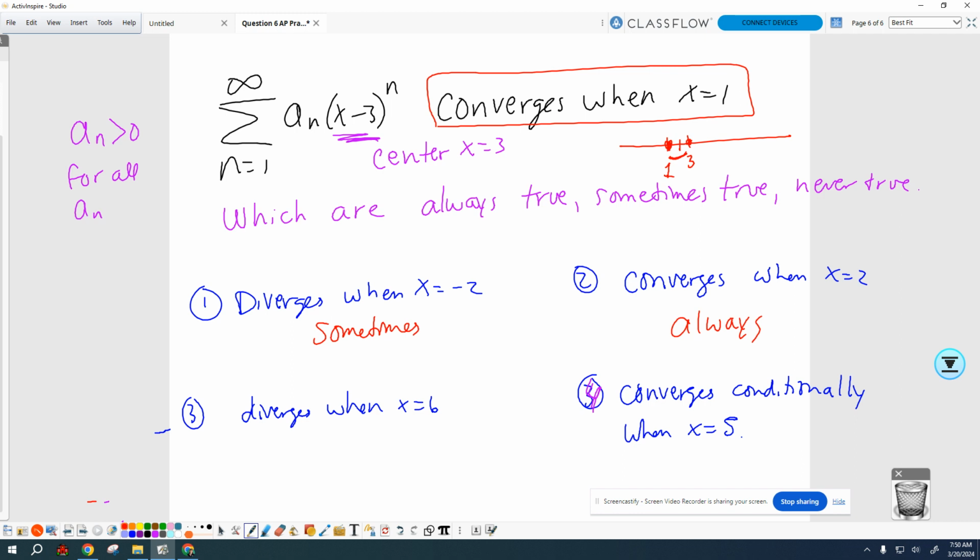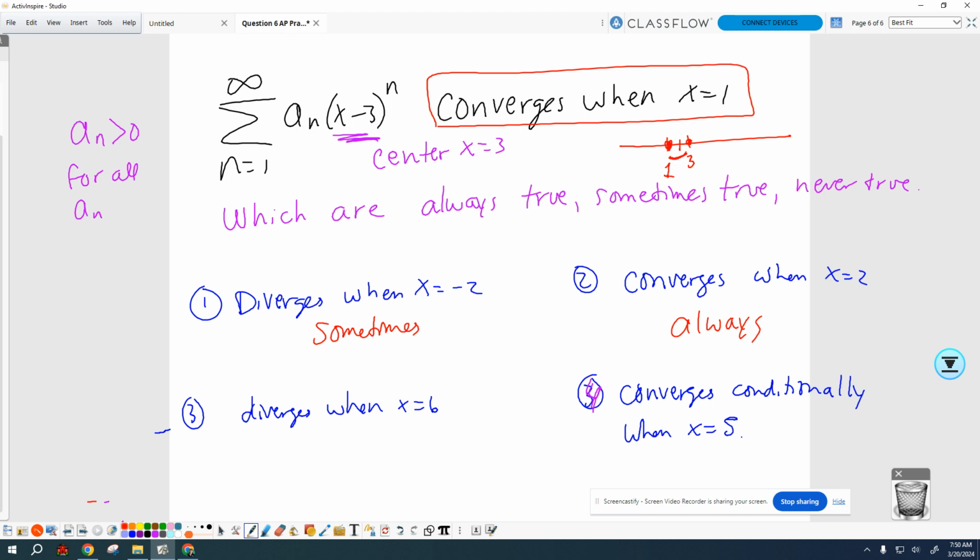Does it diverge when x is 6? Maybe. Eitan, what were you going to say? I was going to say yes, because isn't this like a geometric series?